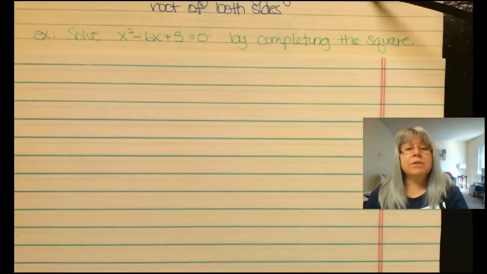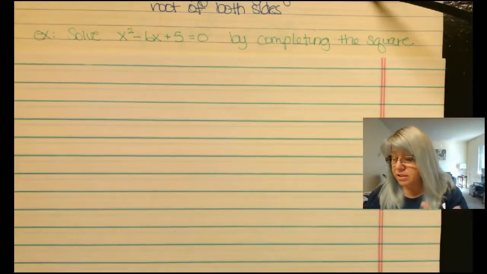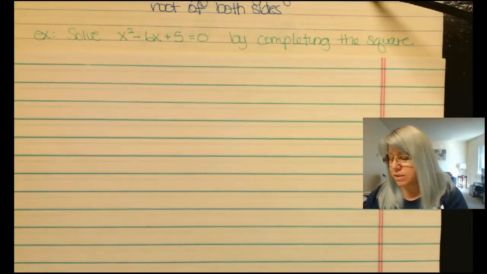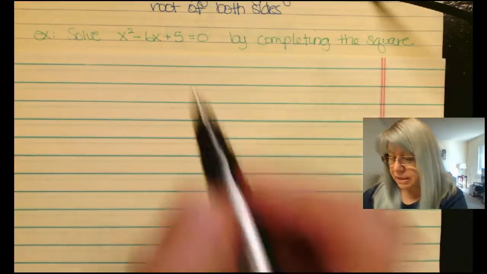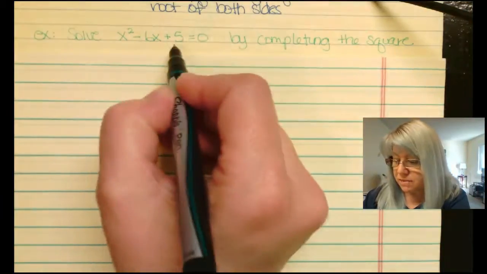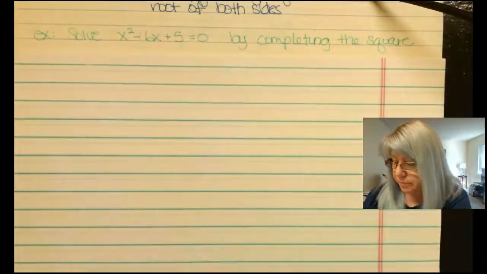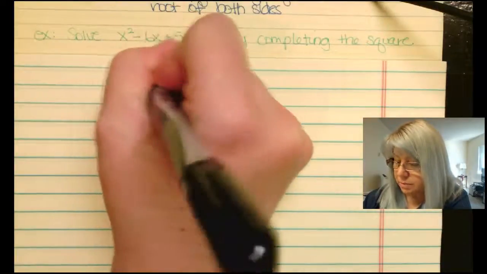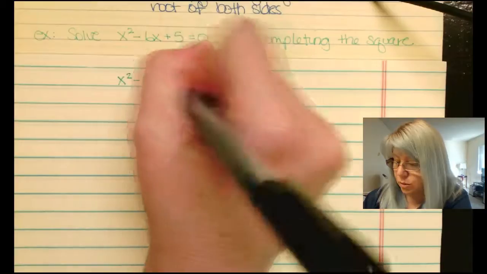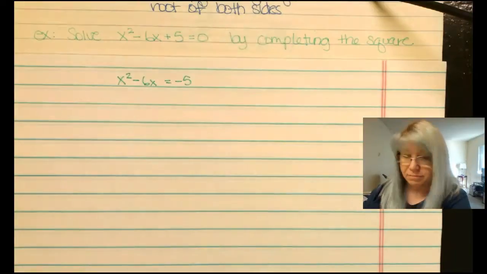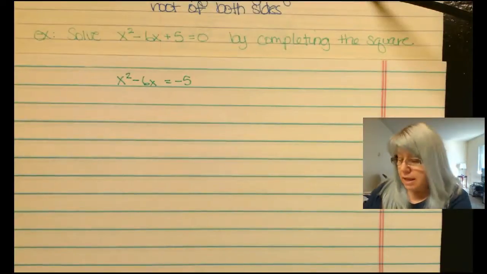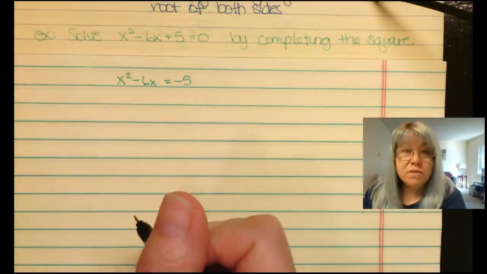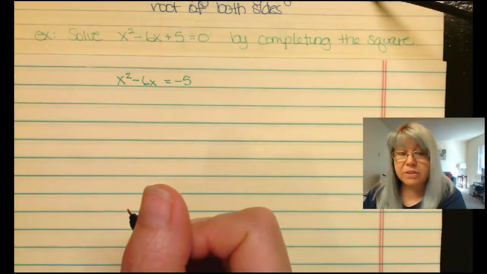All right, so let's use this method to solve x squared minus 6x plus 5 equals 0. The first step I need to do is move this plus 5 to the right-hand side. So I have x squared minus 6x equals negative 5. Okay, now I want to force the left-hand side to be a perfect square.